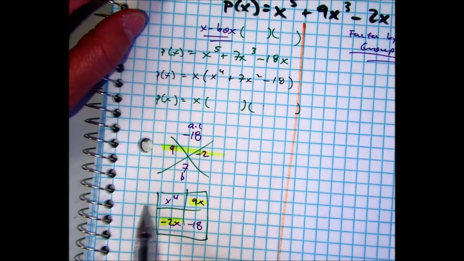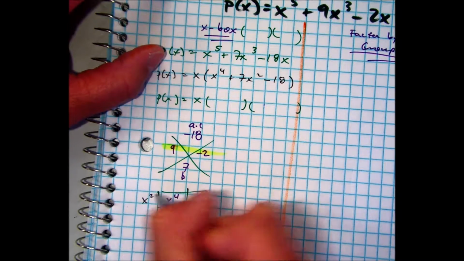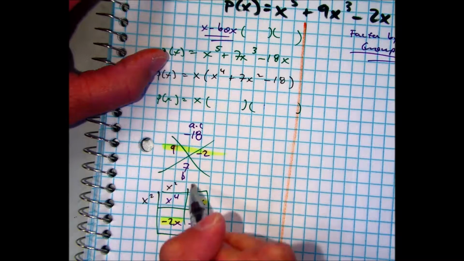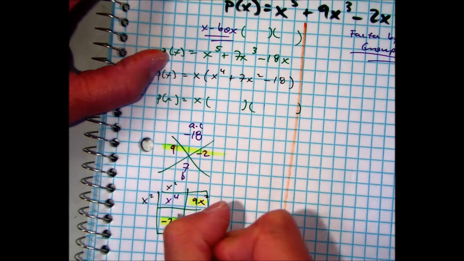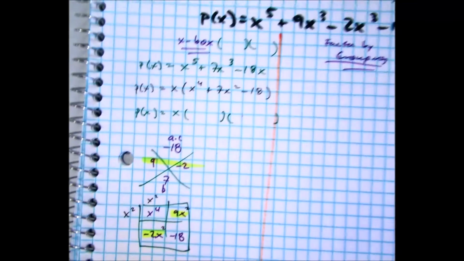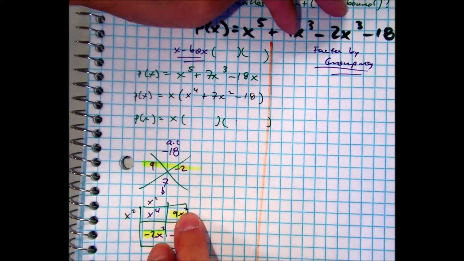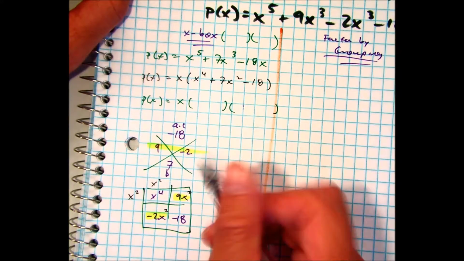Class, I need two terms that'll multiply to be x to the fourth. What is that? X squared times something gives you 9x. Oh, sorry, that should have been 9x squared. Do you see how it's splitting of the terms? Do you see how that matches? Except for one degree lower.